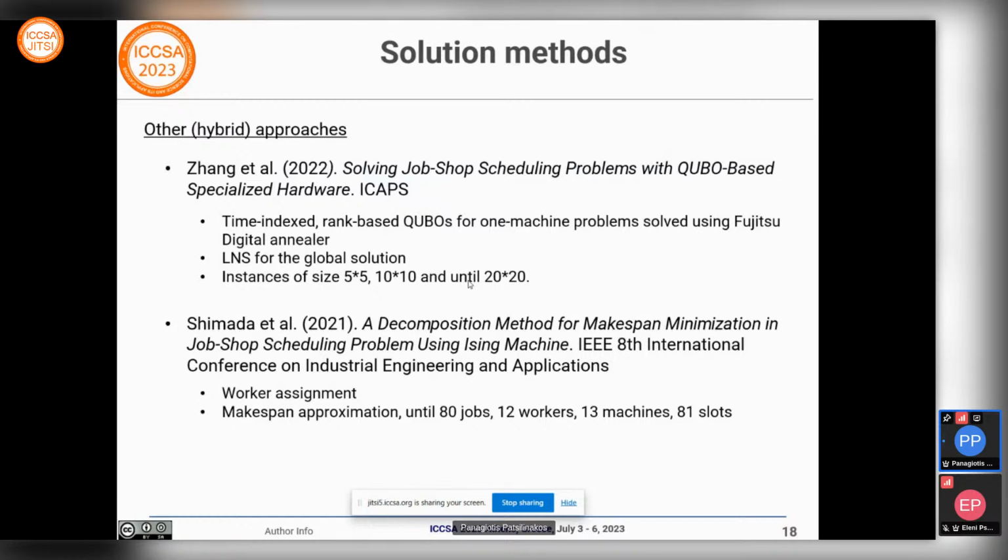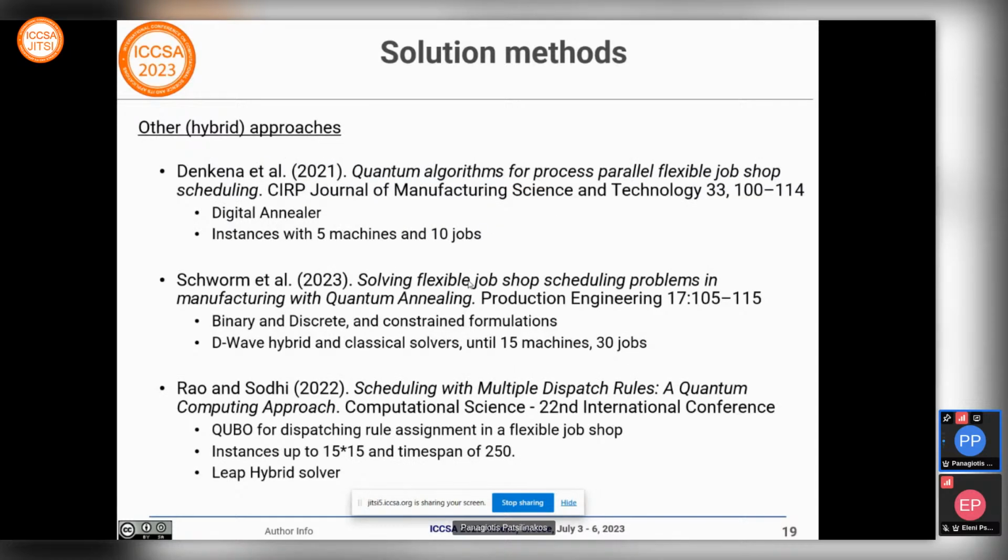And we also have a few studies where the authors try to solve bigger problems using some specialized hardware, like the ones developed by the Fujitsu company. These are kind of simulators. With this kind of approach, yeah, they can solve some larger size problems.